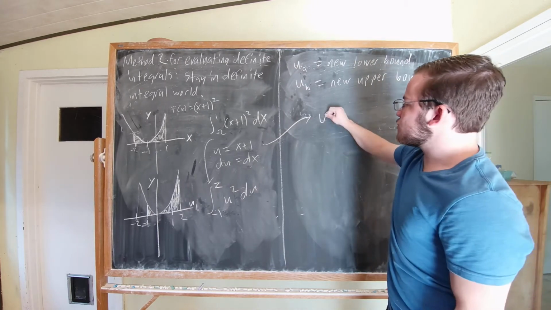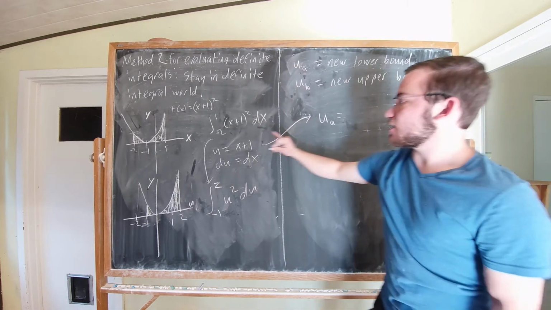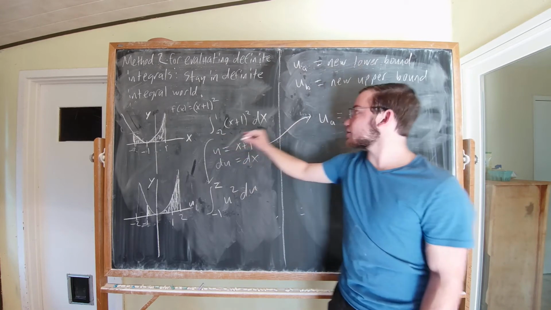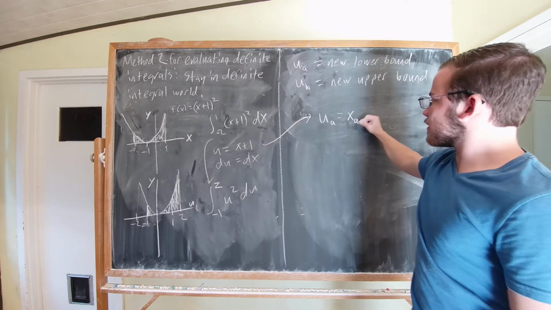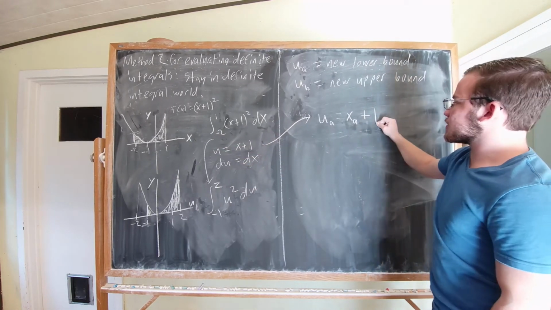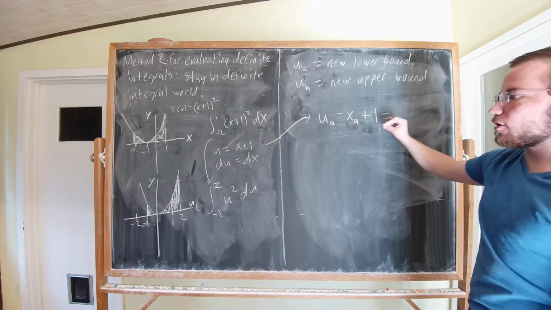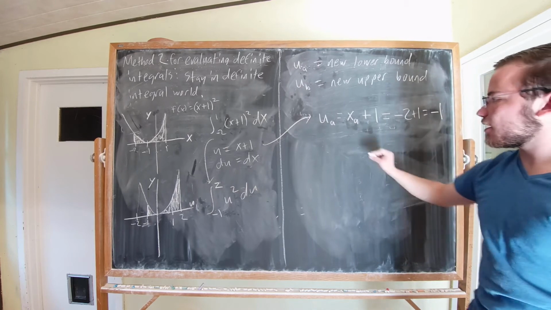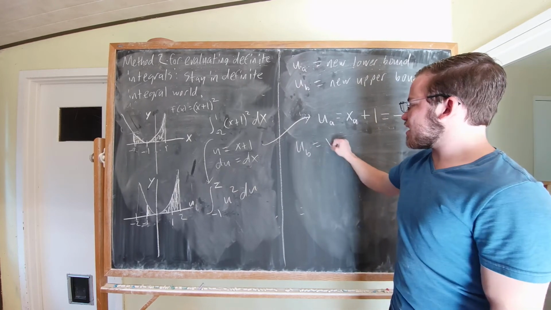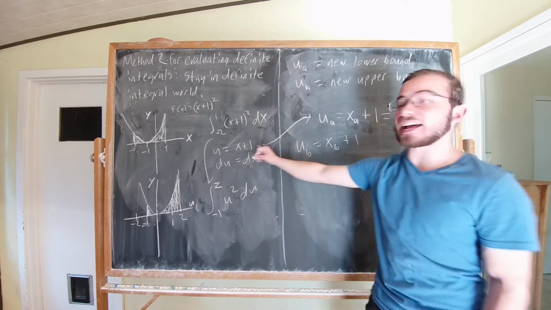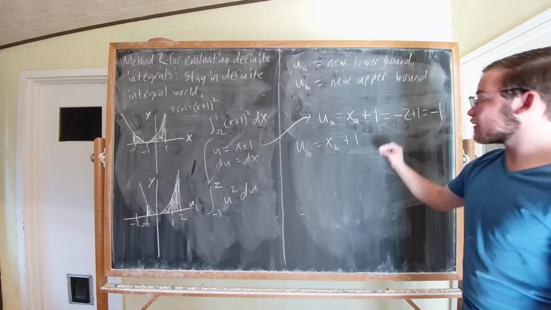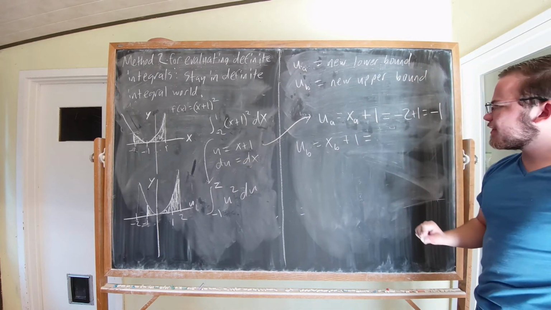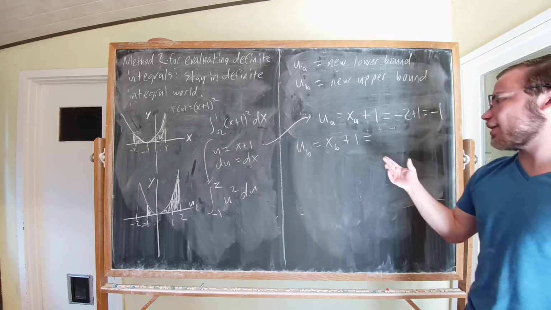In this case, u sub A would be the old x sub A plus 1. Or in other words, negative 2 plus 1, which is negative 1. And u sub B will be x sub B plus 1, because that's the transformation we're working with. And this would give us what?